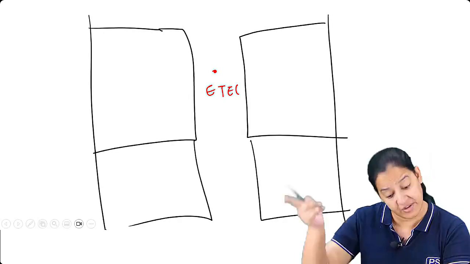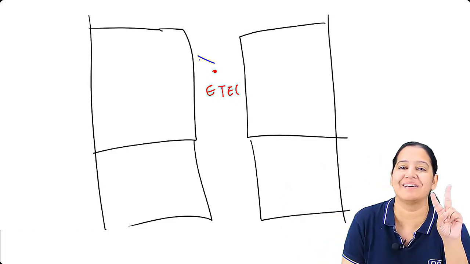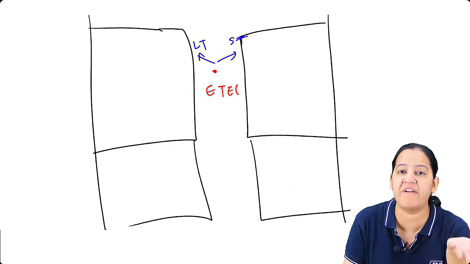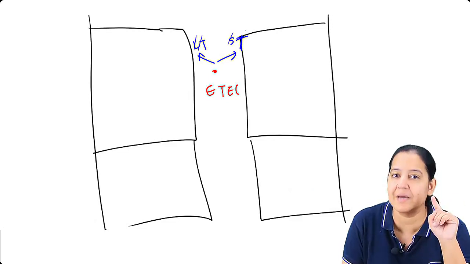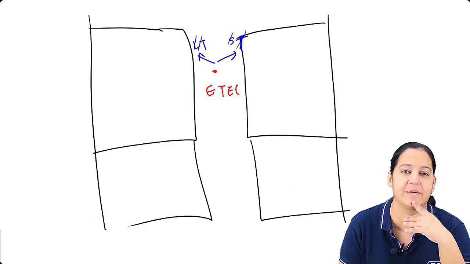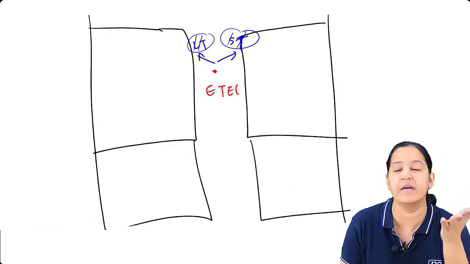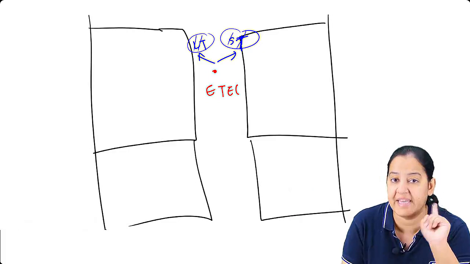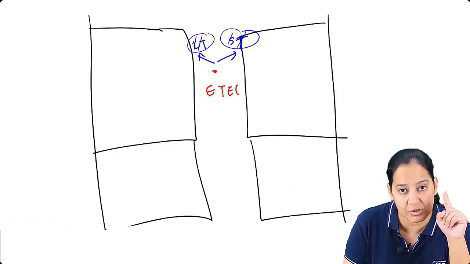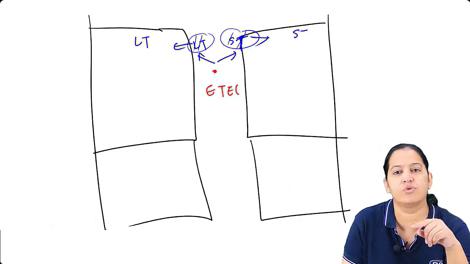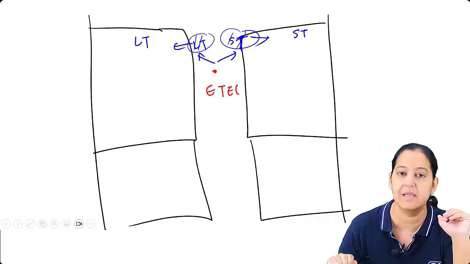It secretes toxins, two toxins, LT and ST. They are heat labile and heat stable. If you heat them, the labile one gets destroyed, while the stable one is not destroyed. These toxins will go inside the cell. Here LT is going, here ST is going. For example, I'm showing you two different cells.